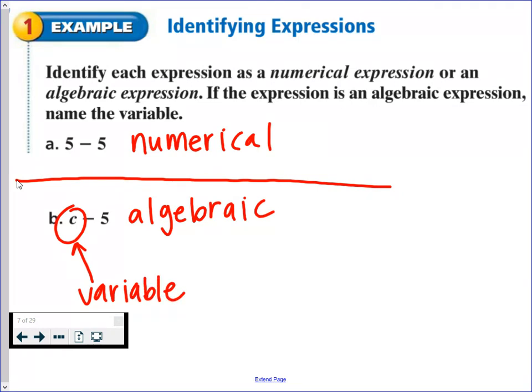If you had numerical for A and algebraic for B, you are on the right track. And again, that variable C was my giveaway that it was going to be an algebraic expression.